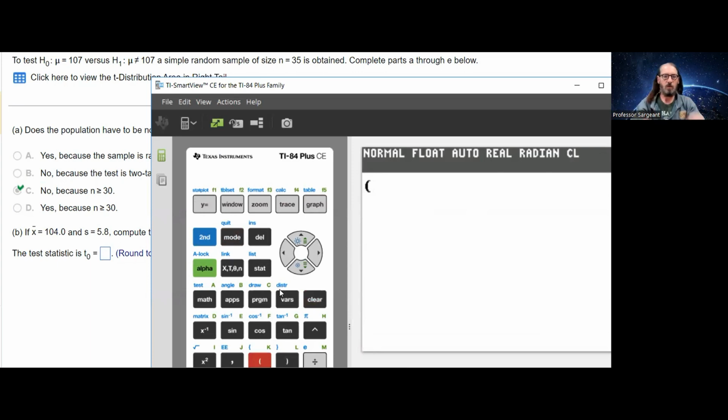Your formula is X bar minus the claimed mean, which was 107, divided by the standard deviation, not of the sample, but S divided by the square root of n. So we've got 5.8 divided by the square root of 35. That's what we learned about the sampling distribution of X bar.